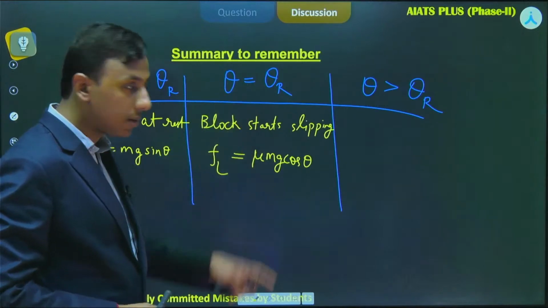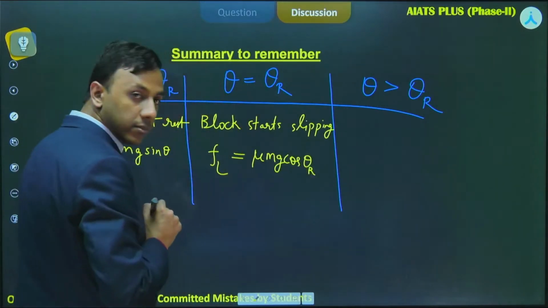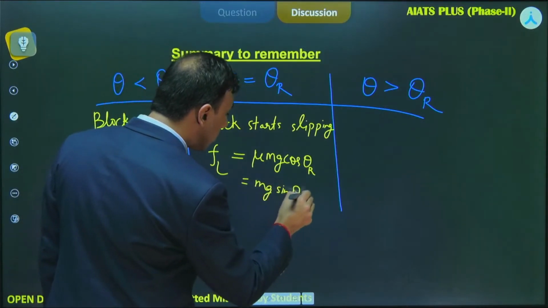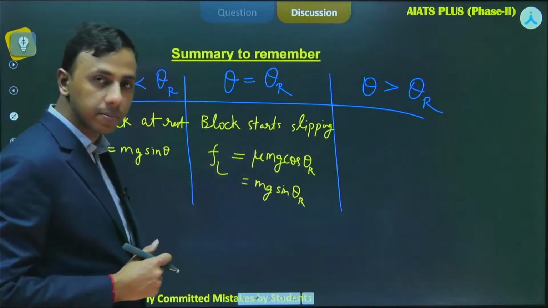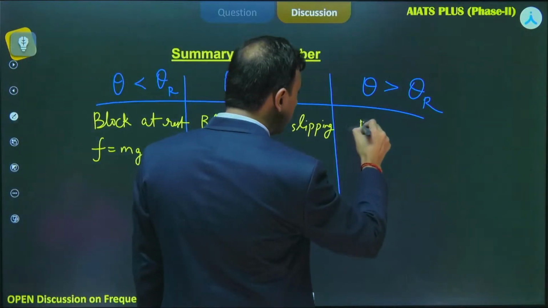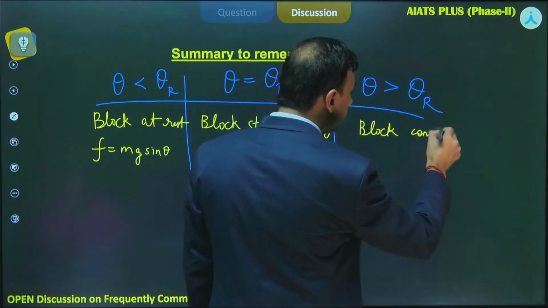It is theta r, right? So if you want, you can write theta r also over here, and you can write mg sin theta also over here, because they are both equal, right? And what happens over there? That means block comes down, right?